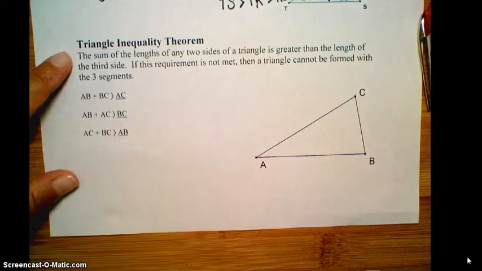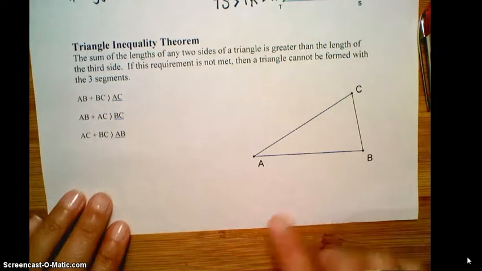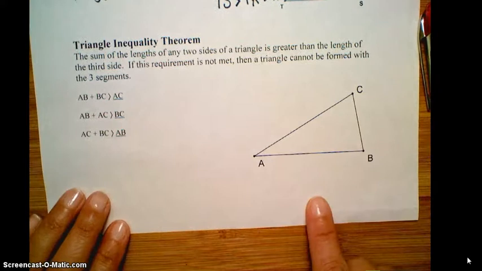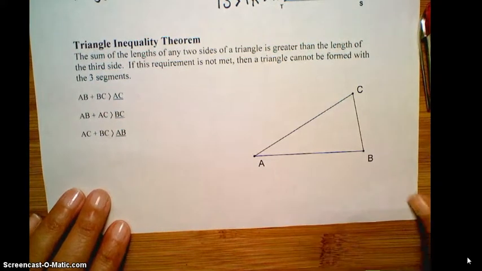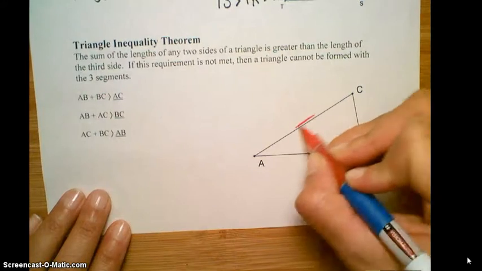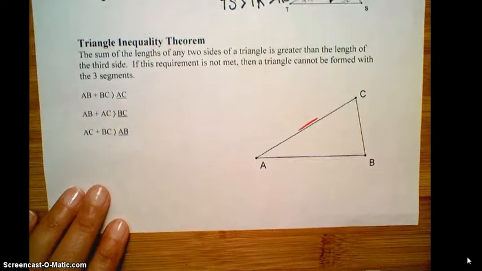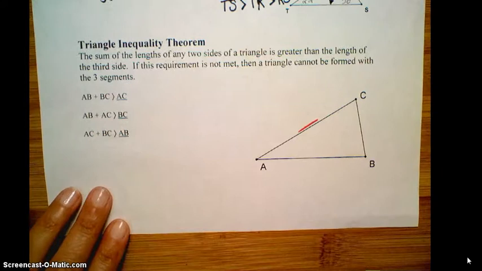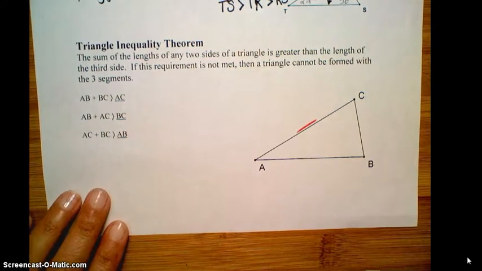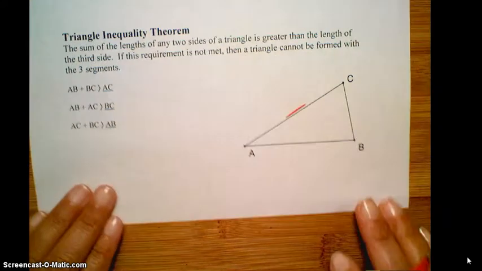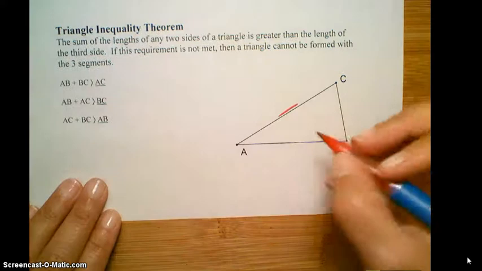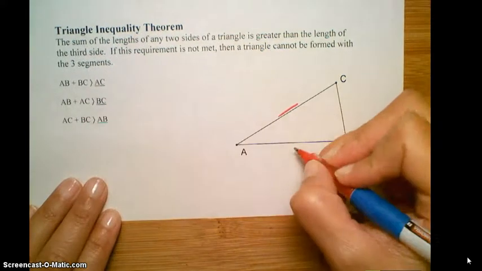Now, the thing about this is, though, if I look at this picture and I can see that the longest side in this is probably side AC, I'd say that's the longest side of this triangle. Now, let's go ahead and just put numbers on these sides and see how that works. So let's say, for argument's sake, I knew this side was 10.